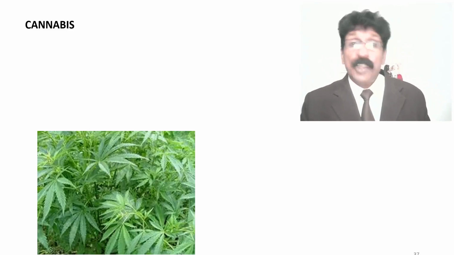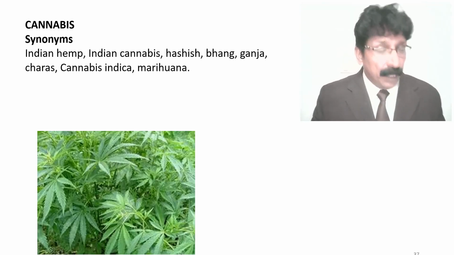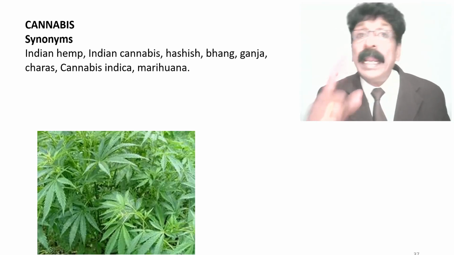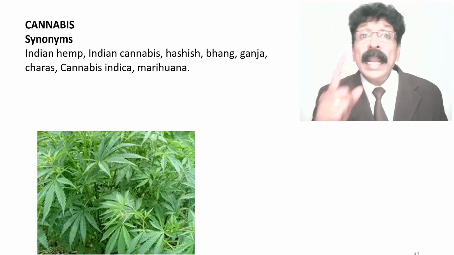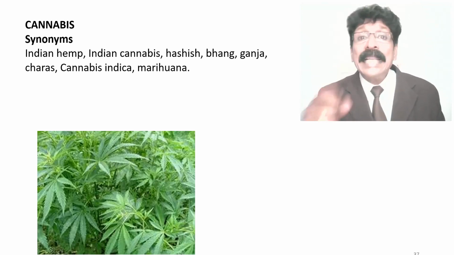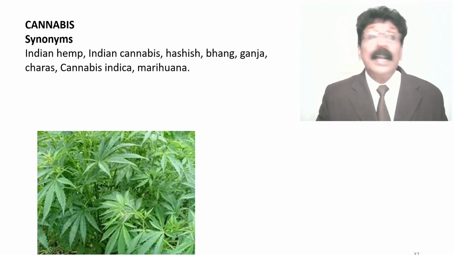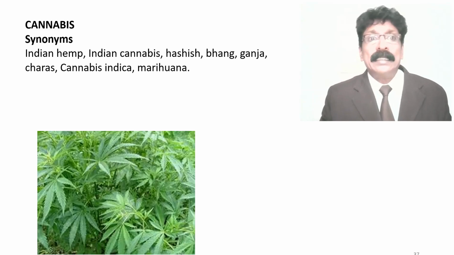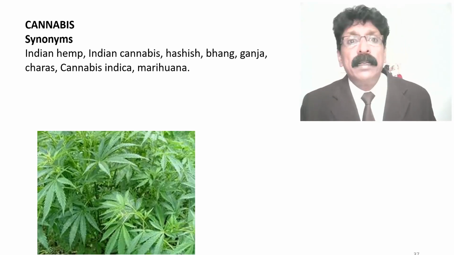It's not used and it cannot be grown without the permission of the government. Synonyms: Indian hemp, Indian cannabis, hashish, bhang, ganja, charas, Cannabis indica, marijuana.